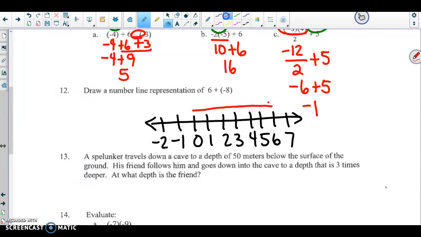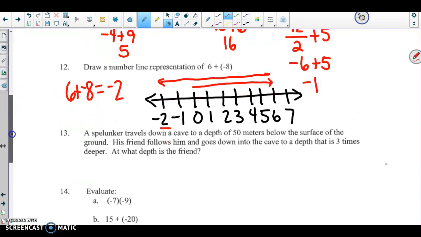And I'm going to the right because it's positive. Plus negative 8. No, that negative tells me I have to go back to the left. So I got to go 8 spaces. There's 6, 7, 8. And I end up right here. So 6 plus negative 8 on my number line, I've shown it, and I know that my answer is negative 2. I've just proven that.